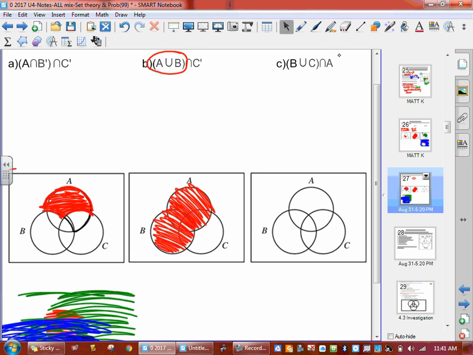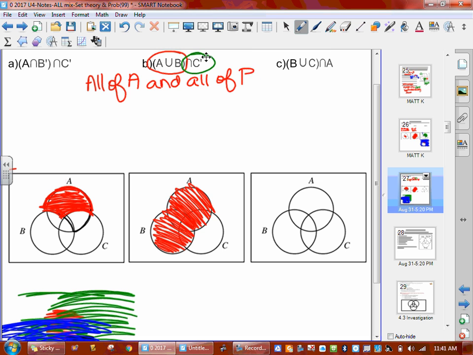Now we're working on the rest of the question right here. And C prime. So let's write our description of the first part. So all of A and all of B. Actually, we have to use the or word. All of A or all of B or both. Okay, so that's what our first part means.